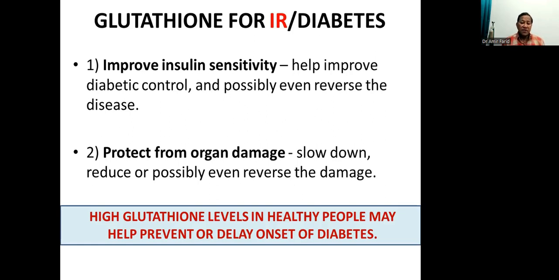So a high level of glutathione in healthy people may help prevent or delay the onset of diabetes by making sure that the insulin receptors are in perfect condition and they work well. And when insulin locks in, then the insulin signals are strong and all the functions of insulin on the cell will manifest in a healthy way.